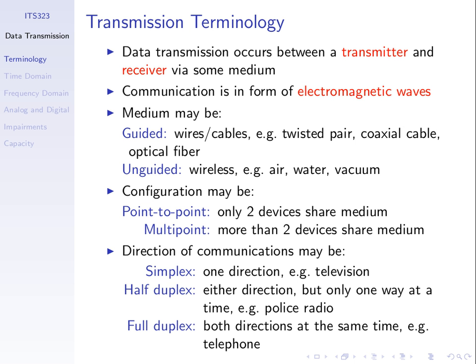What goes between the transmitting device and the receiving device? Some signals. I'll draw a sine wave to represent a signal, but it's more complex than that. The communications is in the form of electromagnetic waves. So we transfer energy from one point to another in the form of electromagnetic waves.